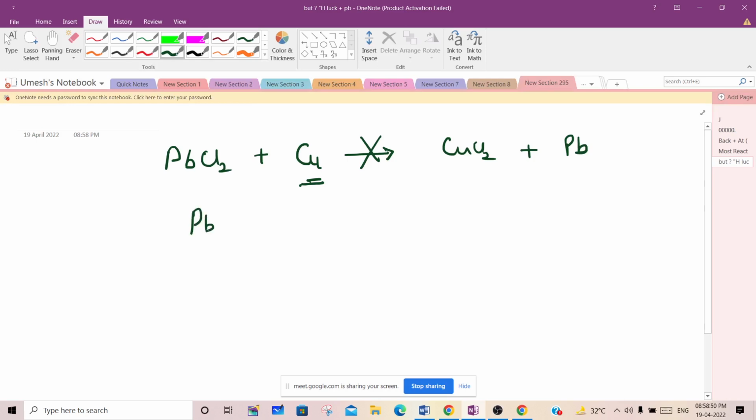But if I have lead and copper chloride, will the reaction take place? Yes, sir. This type of displacement is called the single displacement reaction.